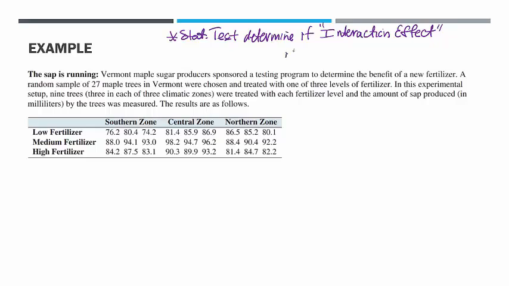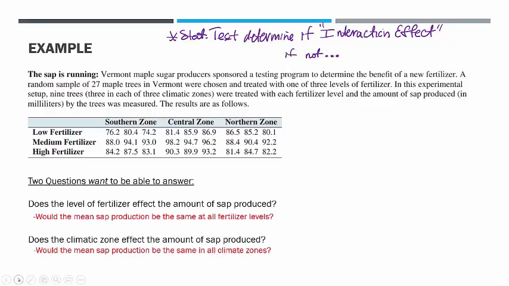If there's not, right? If the statistics tells us that there's not an interaction between those two variables, then it's okay to separate out the two factors, and we do in fact get two new hypothesis tests, one for each factor. So in this example, the question of does the level of fertilizer affect the amount of sap produced boils down to, would the mean sap production be the same at all fertilizer levels?